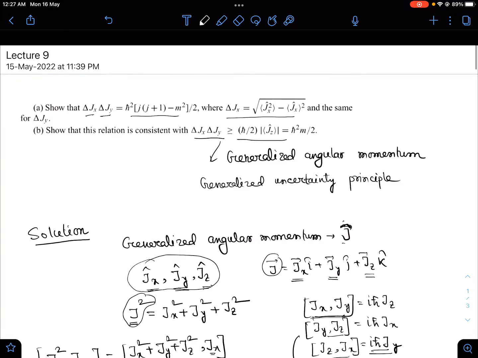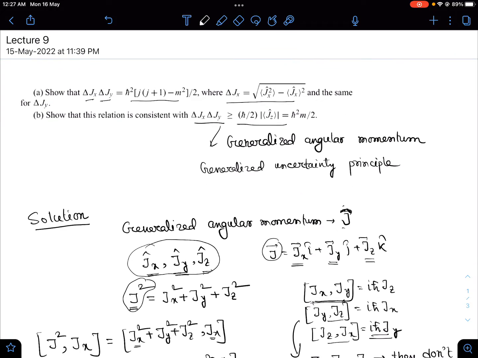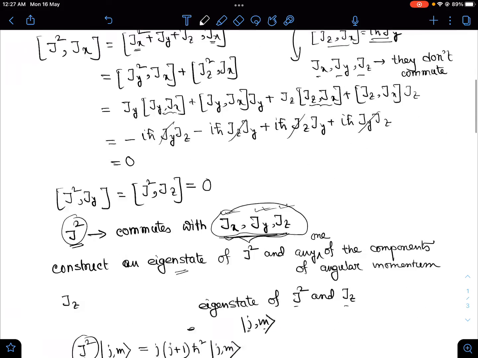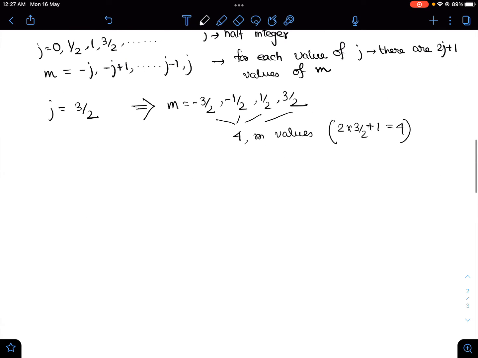Now we have to find delta Jx and delta Jy. That means the uncertainty. So delta Jx we know is defined as the root of the average value of Jx squared minus the average value of Jx, squared.